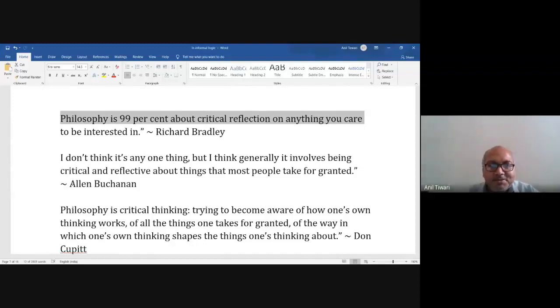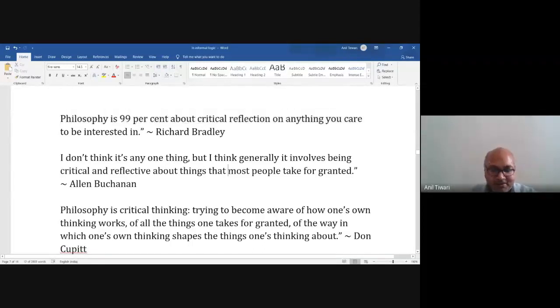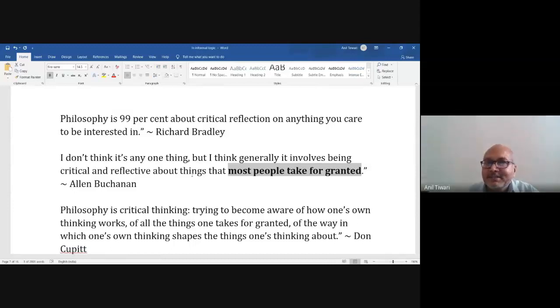So what you can take away from Buchanan's definition is the ordinary attitude of common people to take things for granted. Something which is usual, which doesn't in fact invoke any curiosity in us. We take it for granted. And philosophers are notorious about philosophizing those things which are taken for granted by any ordinary mind.